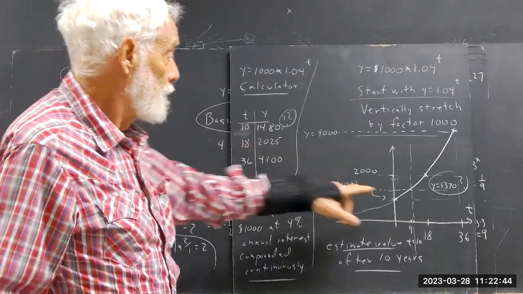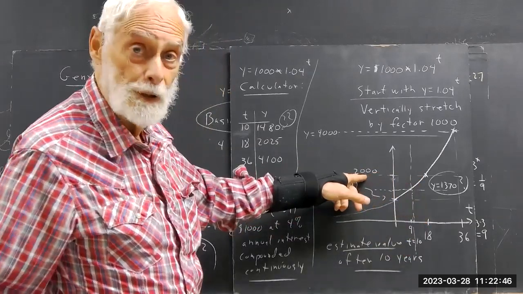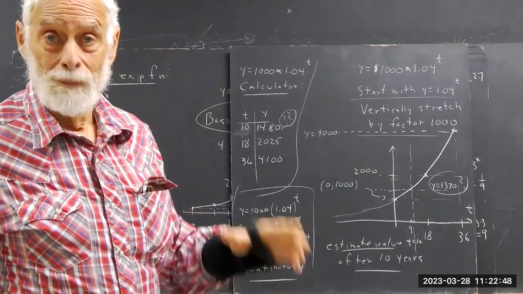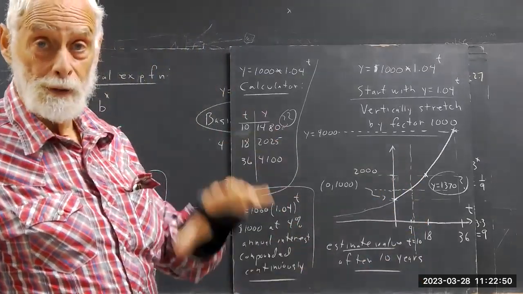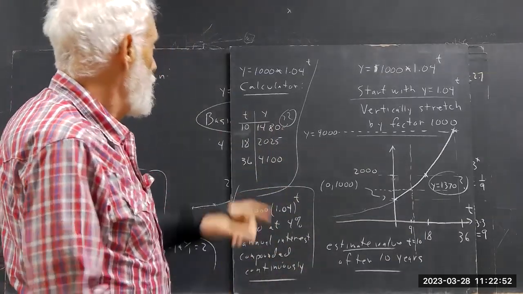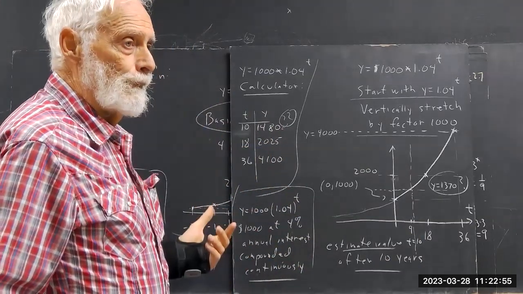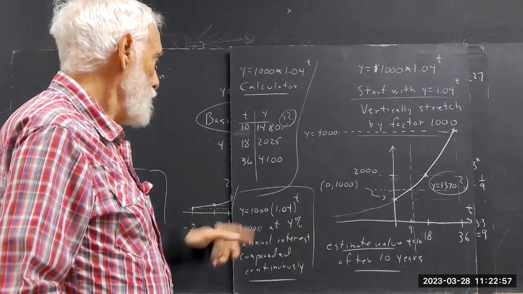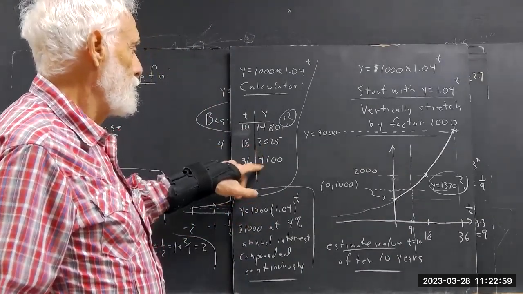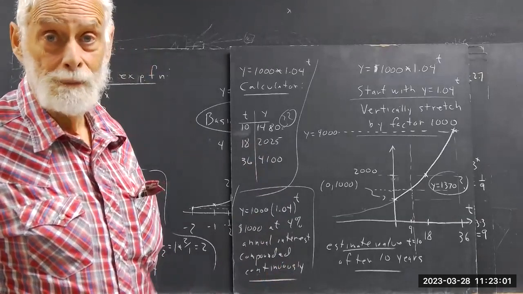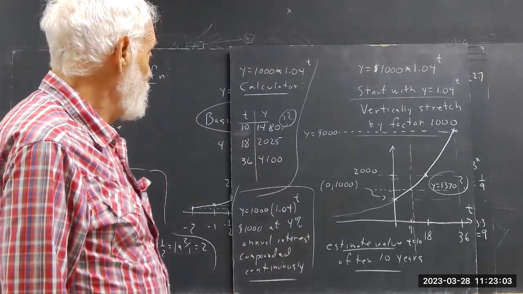Well, that's pretty close to the $2,000 I said we would have by the rule of 72. The rule is approximate, it's not exact. If we double again, I kind of know the way things work when they double, so I was pretty sure this is going to end up at 4,100. It's 4,103.